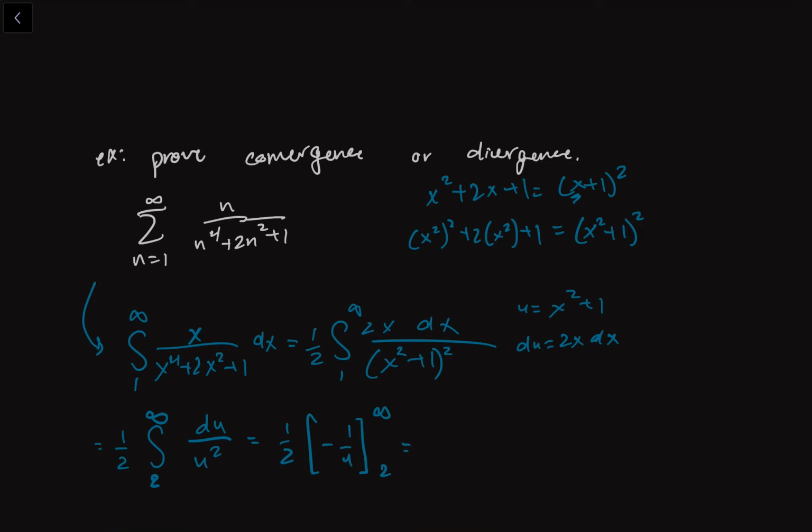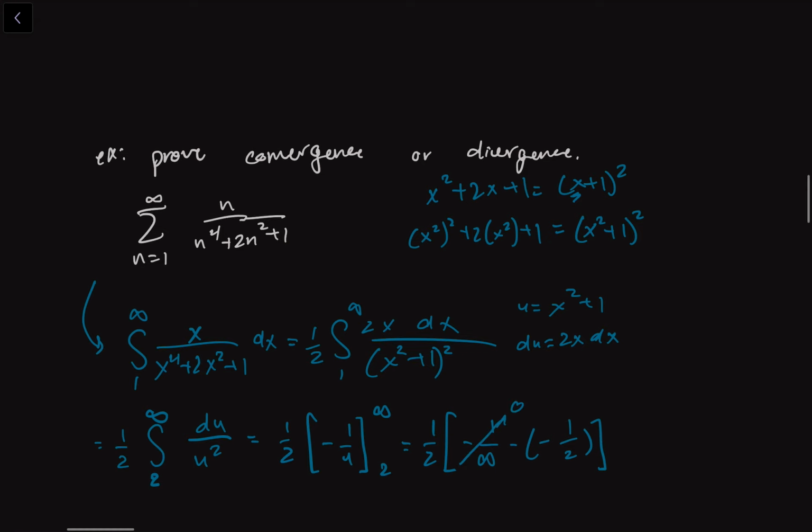We don't have to plug back in our function of u because we changed the bounds again. So 1/2 times minus 1 over infinity minus negative 1 over 2. Right, so 1 over infinity will approach 0, and a negative 1/2 will change to a positive 1/2. So we have 1/2 times 1/2, or 1/4.